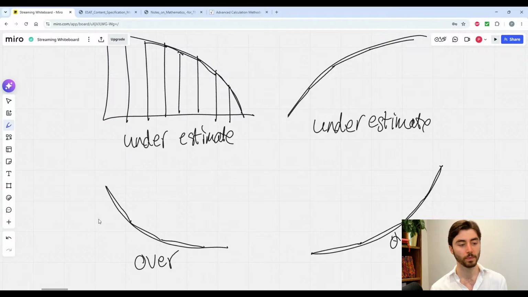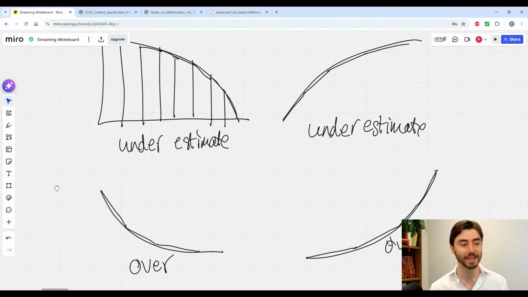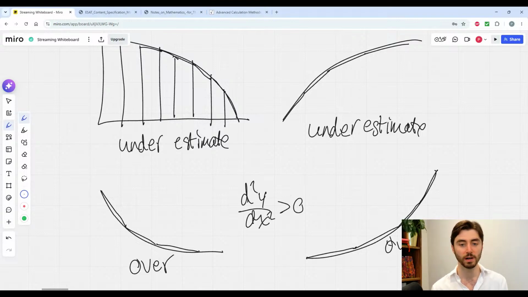So it's not about increasing, decreasing. It's about convex, concave. So in these guys, it's actually the fact that the gradients are getting bigger. So here, if we tie in what we did earlier, if the second derivative is positive, then it's an overestimate. And if the gradients are getting smaller, then it is an underestimate.